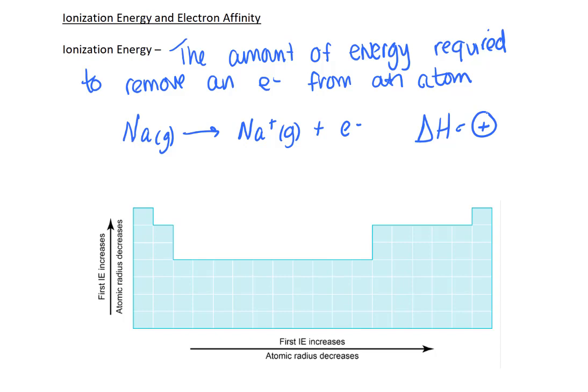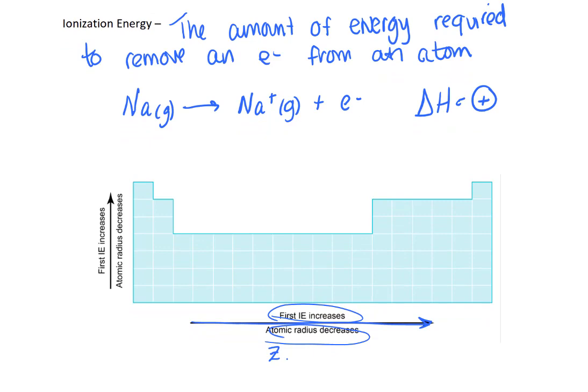Let's take a notice at our periodic table and recognize how atomic radius and ionization energy are correlated with one another. So, your atomic radius is decreasing. Remember, going this direction, your atomic radius is decreasing because your Z effective is increasing. So, what that means is that your outermost electrons, or your valence electrons, are held tightly.